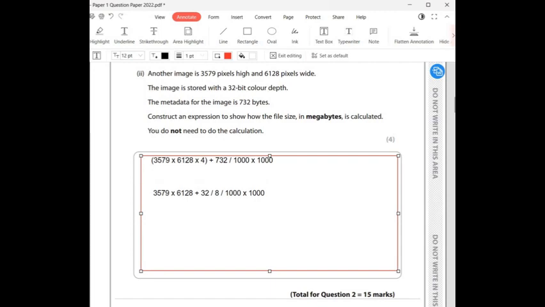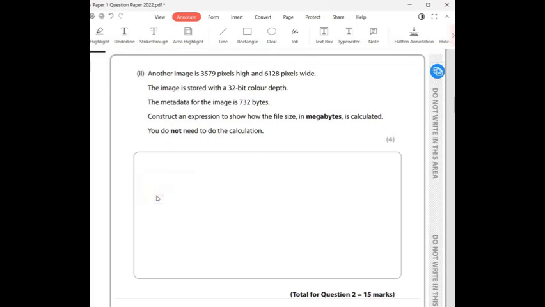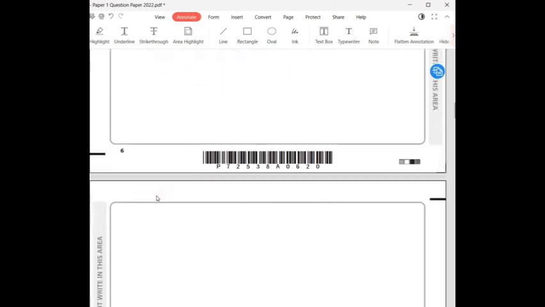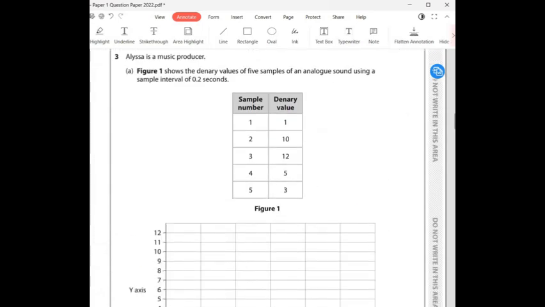If you want to break it down more, you could do 3579 times 6128 times 32 divided by 8 plus 732 divided by 1,000 times by 1,000. Any of the 3 ways will get you 4 marks. So you don't need to do the calculation. So if you get the mathematical mastery, you're laughing.